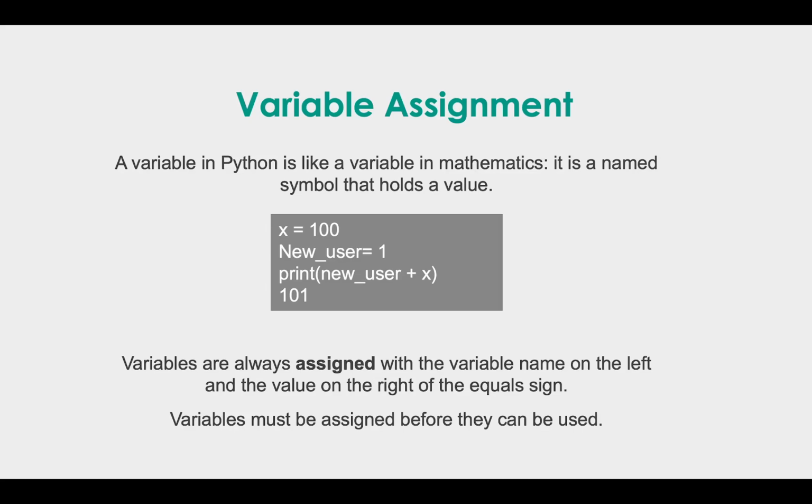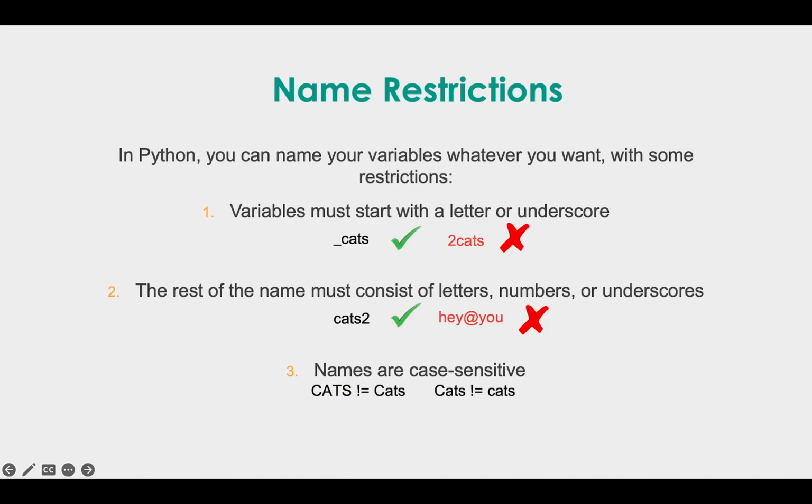Next, you can't put any number at the beginning. And the names are case sensitive. The variable small x is not equal to capital X, so that also has to be kept in mind. This cat is not equal to this cat is not equal to this cat. So these things have to be kept in mind.